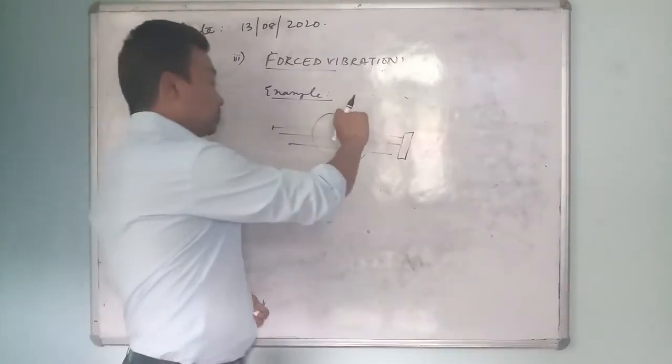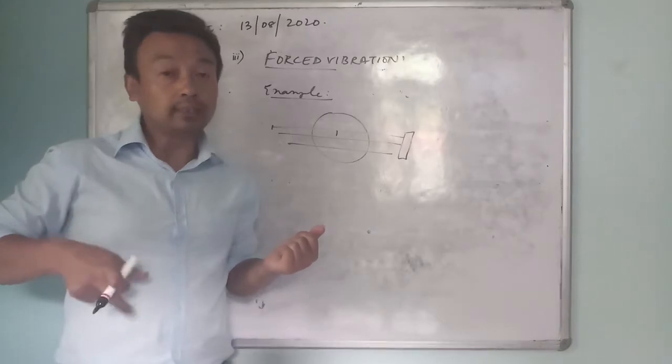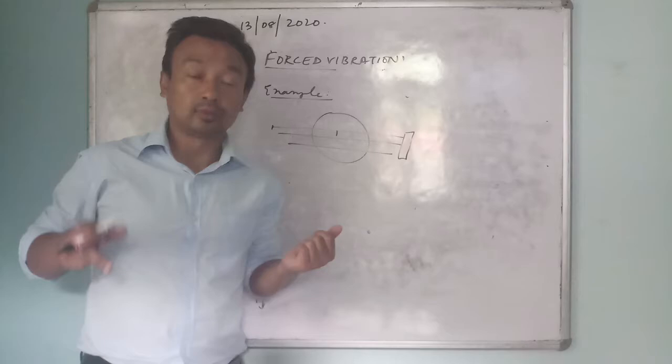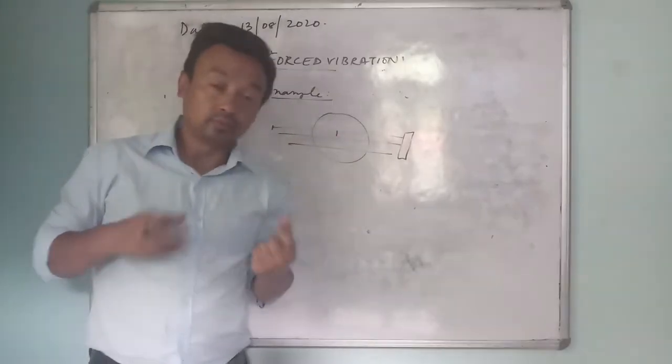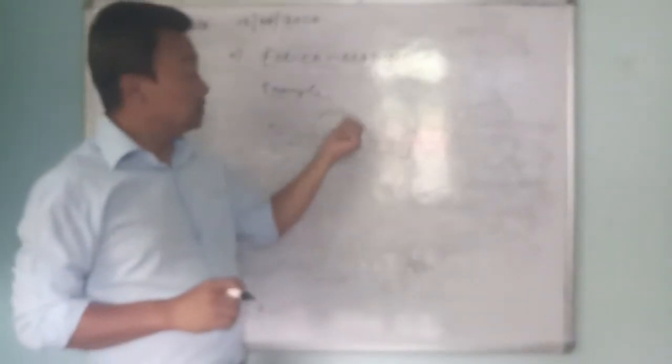But when you continue to pluck, that means you are applying an external periodic force. So it will go on vibrating as long as that external periodic force is there. That is the third force which is added in forced vibrations.